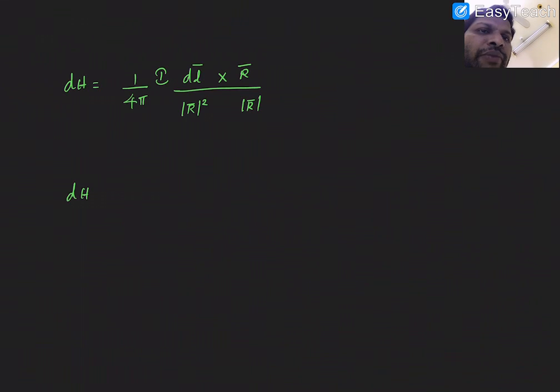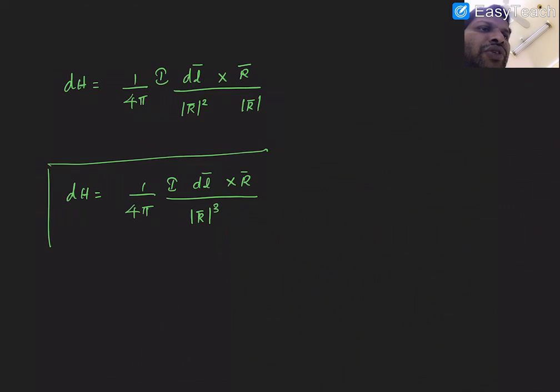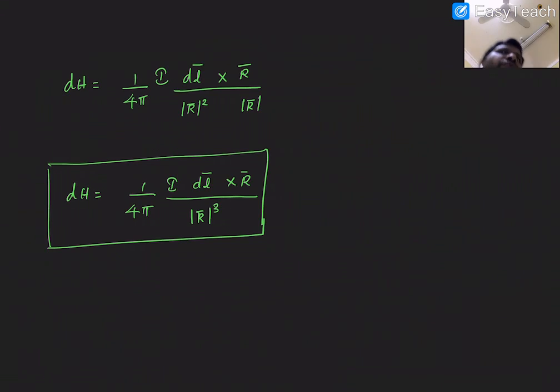So I get dH is equal to 1 over 4 pi I dl cross r, divided by the magnitude of r the whole cube. This is the equation for the magnetic field intensity due to the small current element dl.